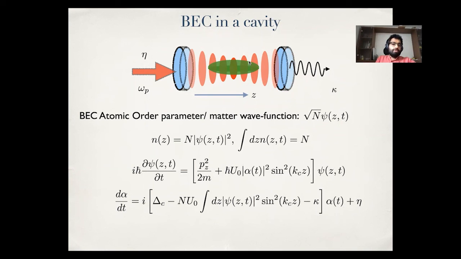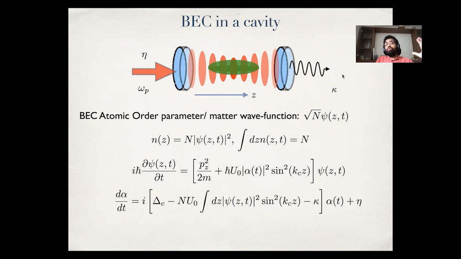The second beautiful thing that can happen is, because the light inside the cavity eventually leaves the cavity, I can actually use that as a beautiful non-destructive probe of the atomic dynamics. And this way I can actually see quantum phase transitions in real time, which has been done, or I can also use this as a sensor. For example, if I can use the atoms to sense a force, I can read out the force from the light of the cavity.